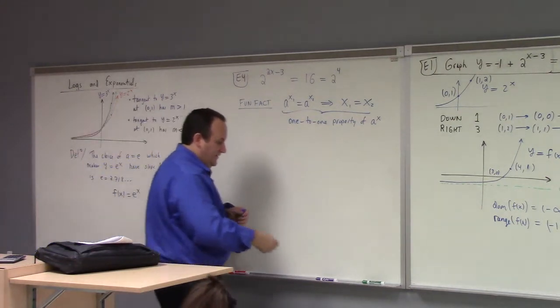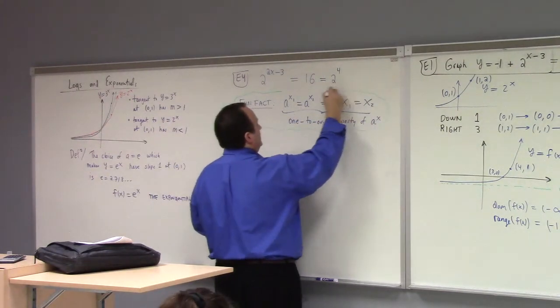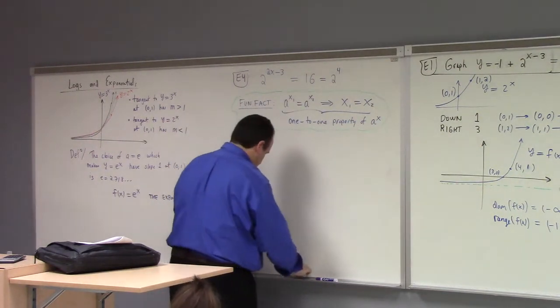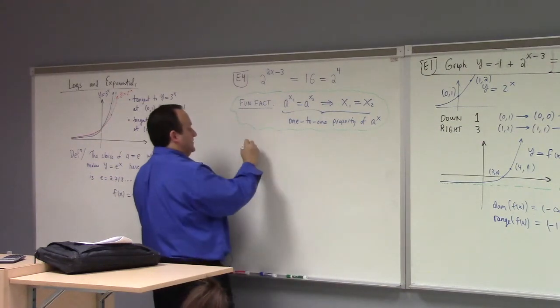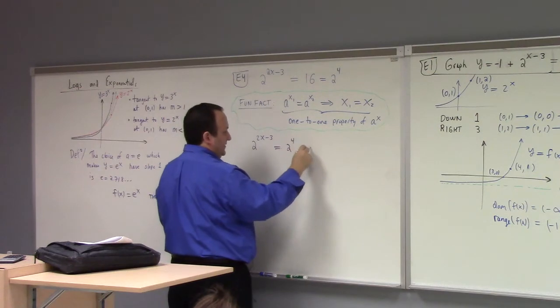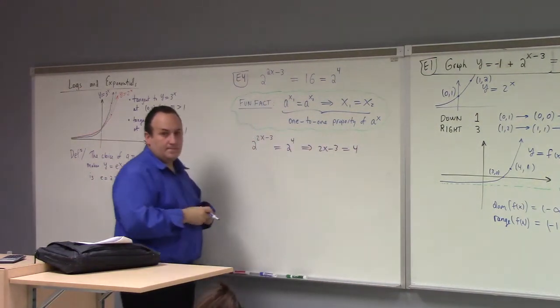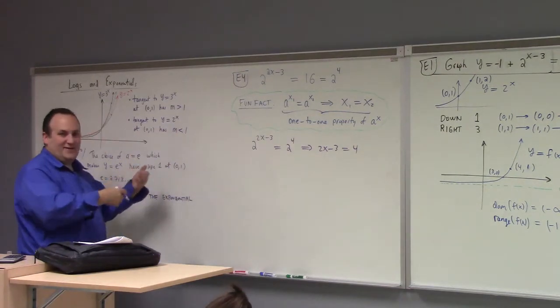So if you understand that, then once you have 2 to the 2x minus 3 equals 2 to the 4th, that implies 2x minus 3 is equal to 4. And then we can solve for x, right?